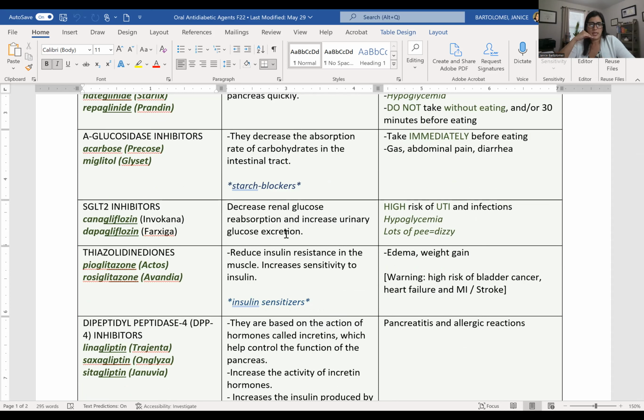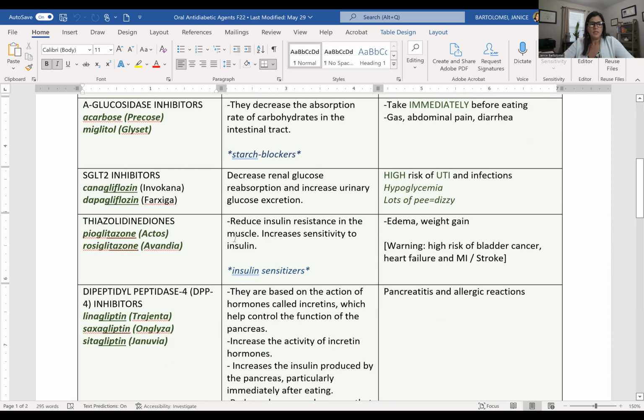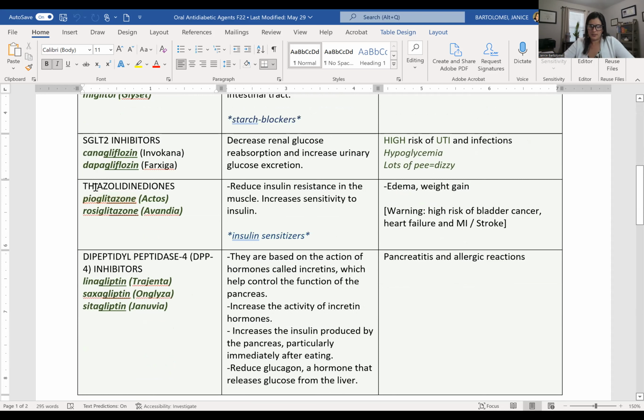High risk for UTIs and infections. Most commonly can provoke hypoglycemia. And if there's a lot of pee, because they make you pee the sugar, then it could cause dizziness.